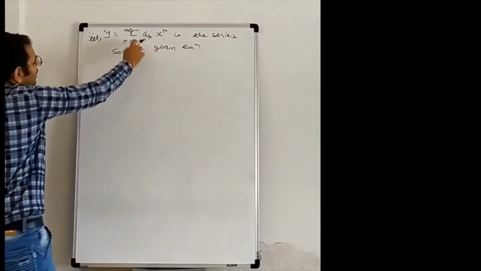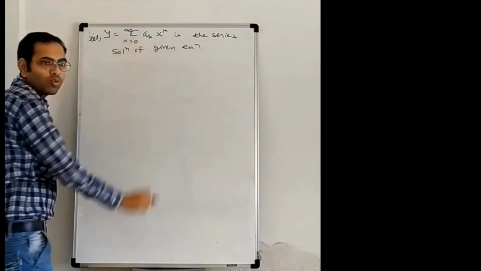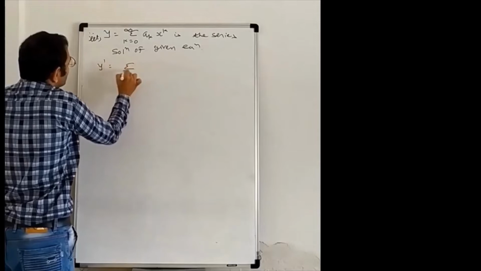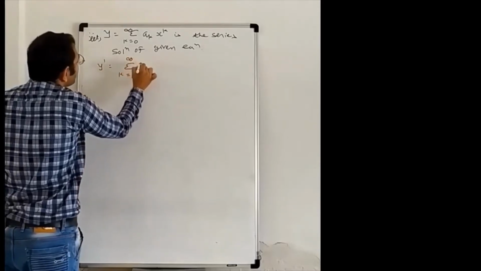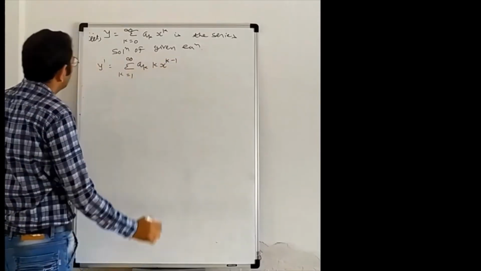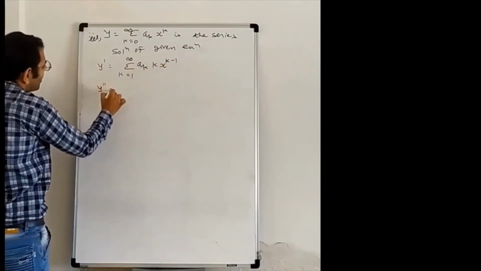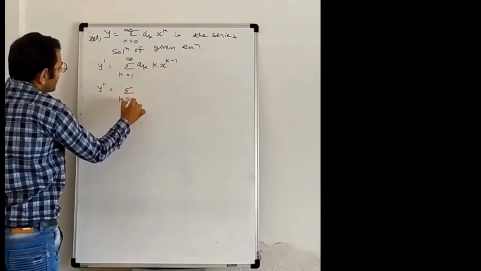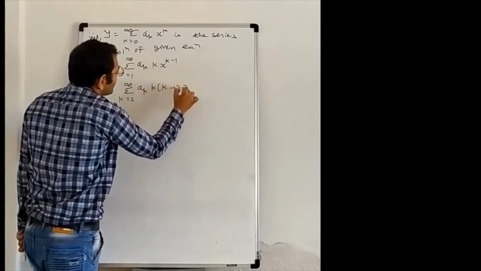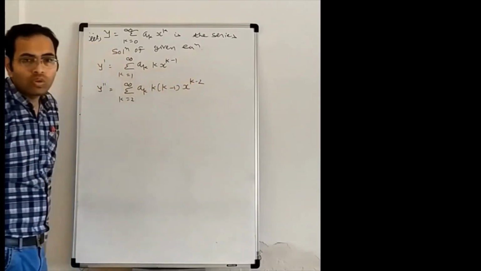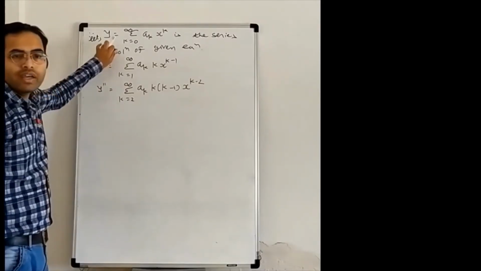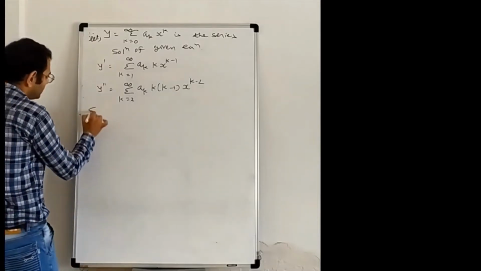Differentiating y with respect to x twice, y dash equals summation k equal to 1 to infinity ak k x raised to k minus 1. Again differentiating, we get y double dash equals summation k equal to 2 to infinity ak k into k minus 1 x raised to k minus 2. Now, substitute y double dash and y in equation 1.